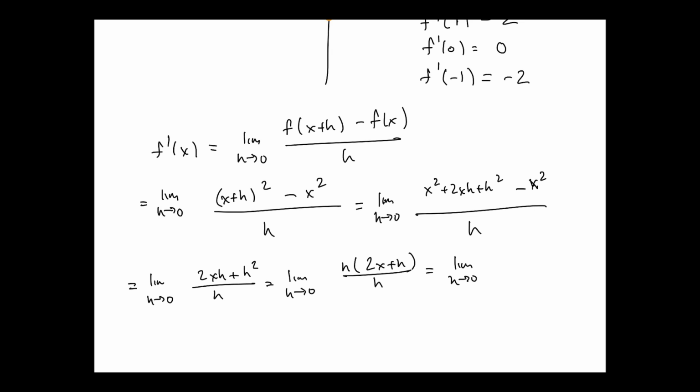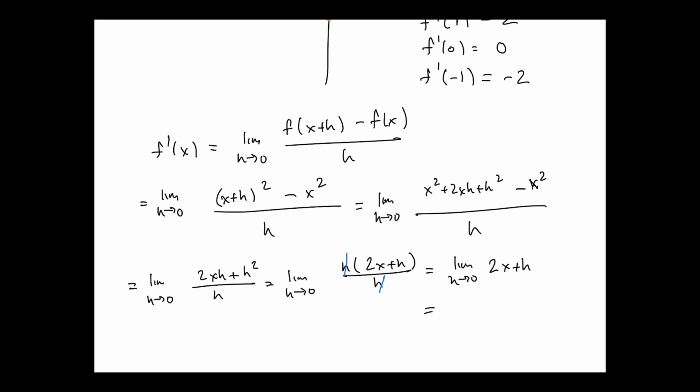By factoring that h out, what does it make really obvious that I can do? Cancel the h in the bottom with it, so this and this are gone. And then now I'm just taking the limit of 2x plus h.